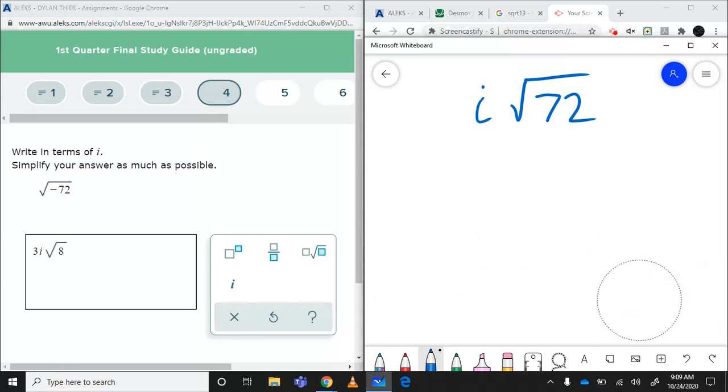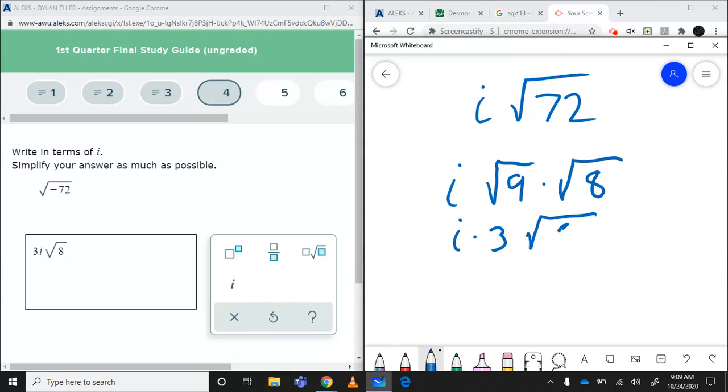Now, we can simplify this further by going through the same process of factoring. So if I were to factor this down to square root of 9 times the square root of 8, I would be able to say that this is the same as i times 3 square roots of 8.